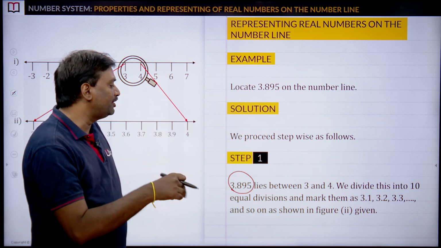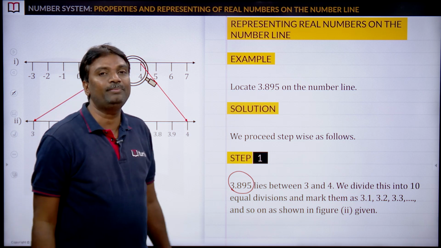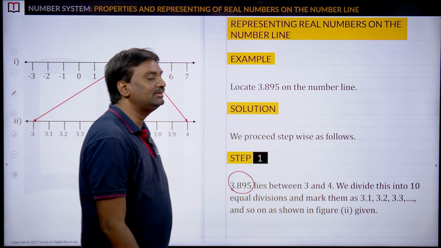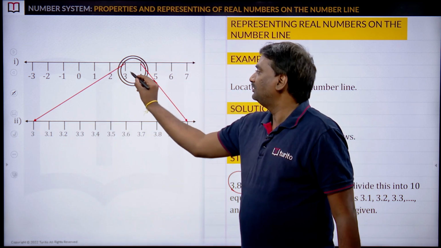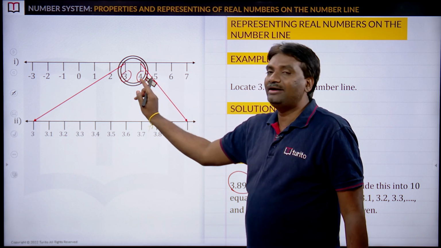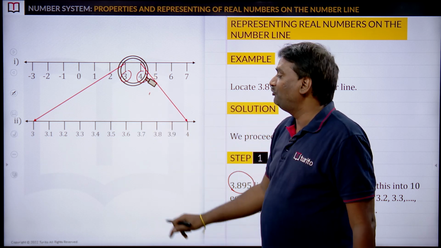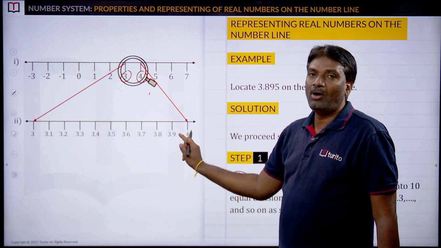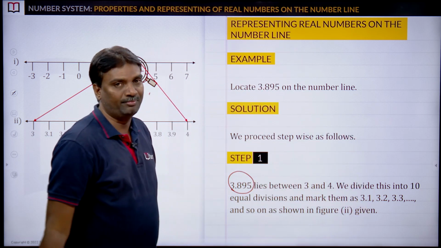We divide the part between 3 and 4 into 10 equal parts and mark them as 3.1, 3.2, 3.3 and so on up to 3.9. This is 3 and this is 4. This is step 1.